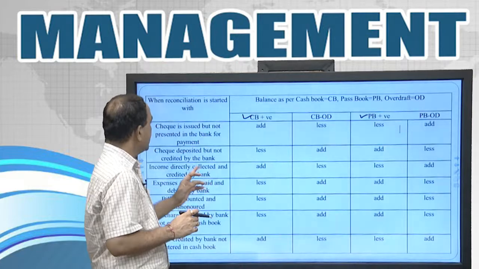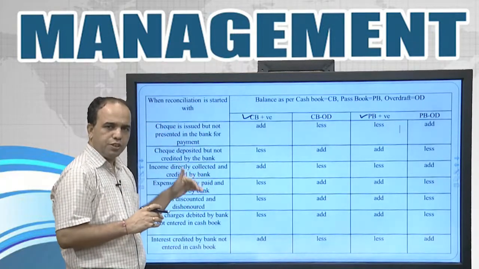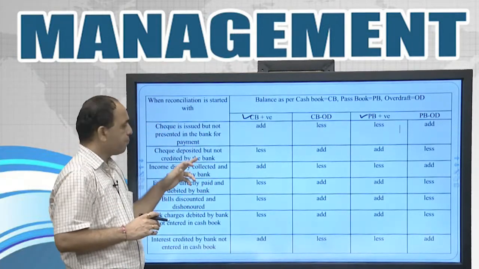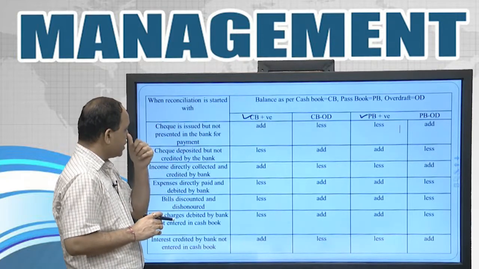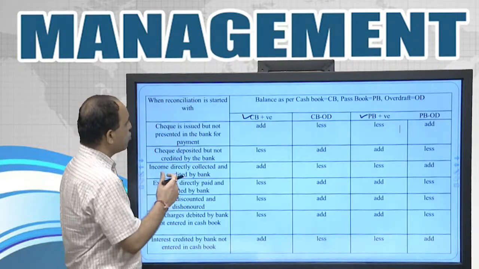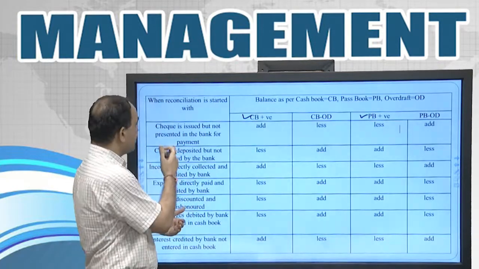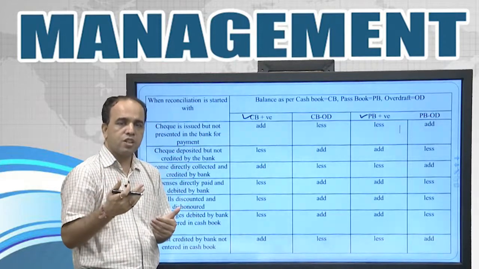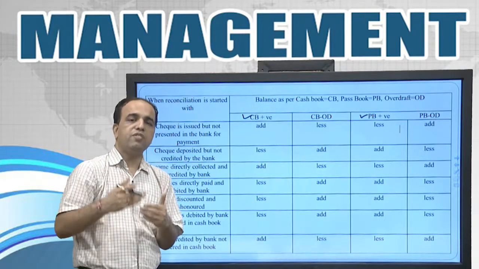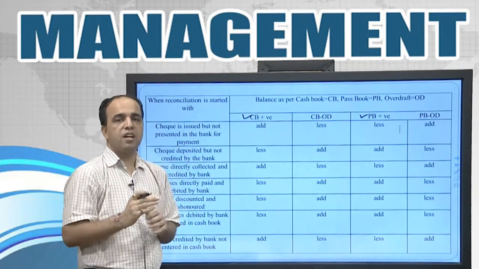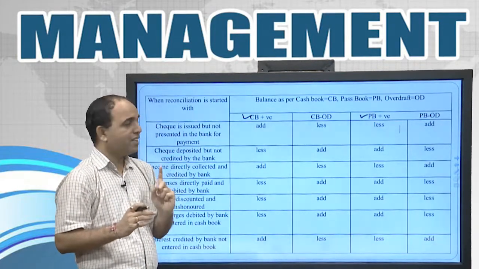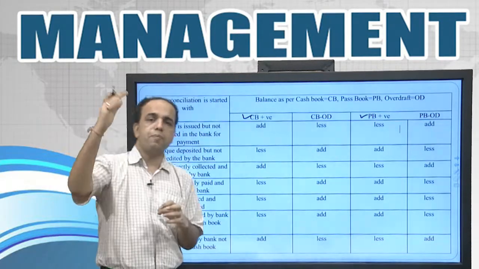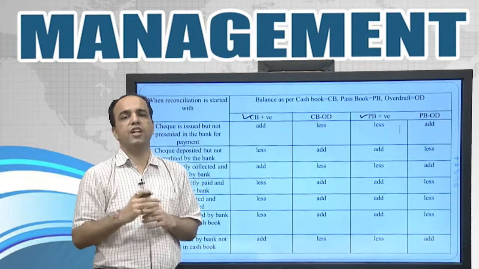So, friends, these are the various issues. Cheque issued but not presented in the bank for payment. What does it mean? When we issue a cheque, we have already written it in the cash book bank column, but it is still not presented, so the bank did not reduce the fund.